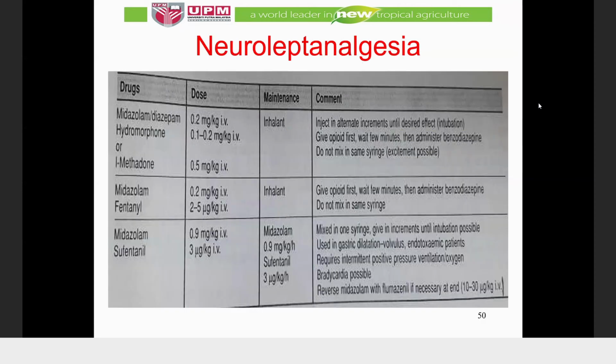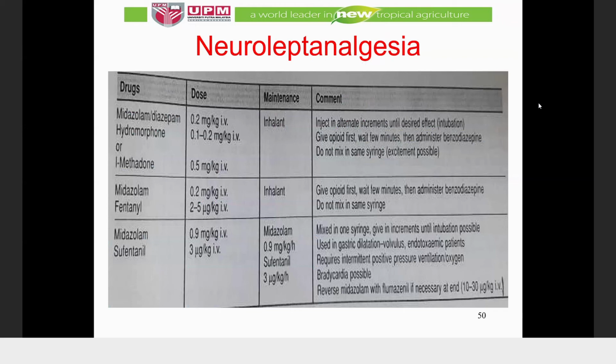Of course, they must be compatible. This is some drug dosing, and since they don't produce true unconsciousness, this chart shows that maintenance is always with an inhalant. Sometimes you can also maintain with supplemental injectables, but this is just a basic understanding.